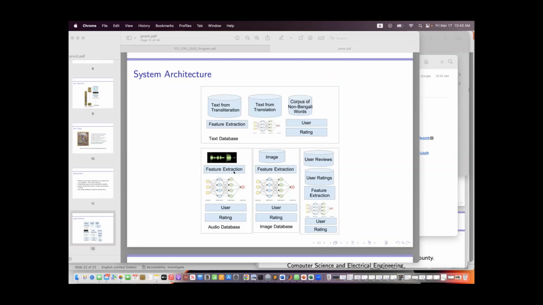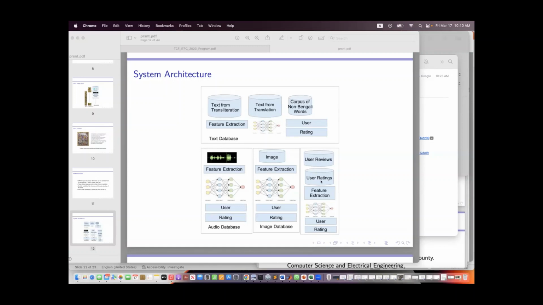So, for the moment, our system actually works only with images and text, but in the future, we actually plan to build out something which will incorporate both the audio and the video data as well. So once we've created the textual representation as well as the feature representation, we have various kinds of user reviews and ratings about each of the panels.